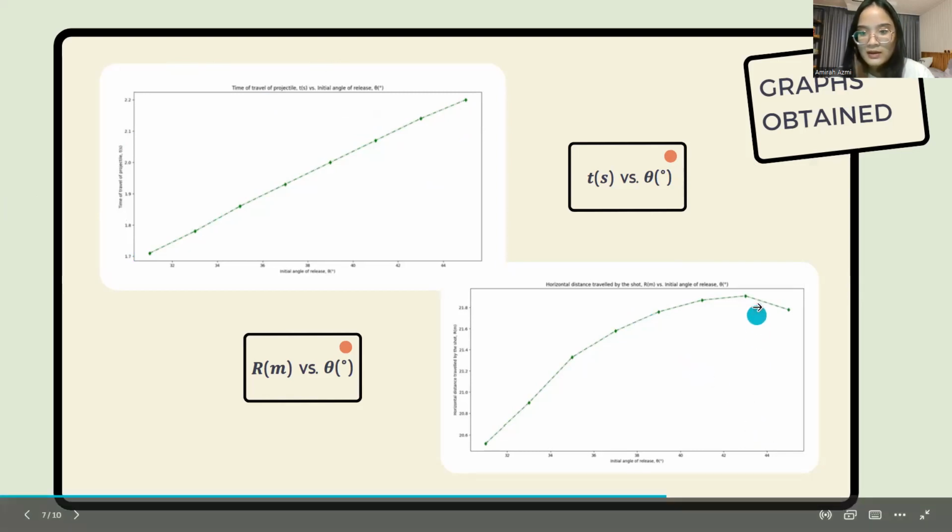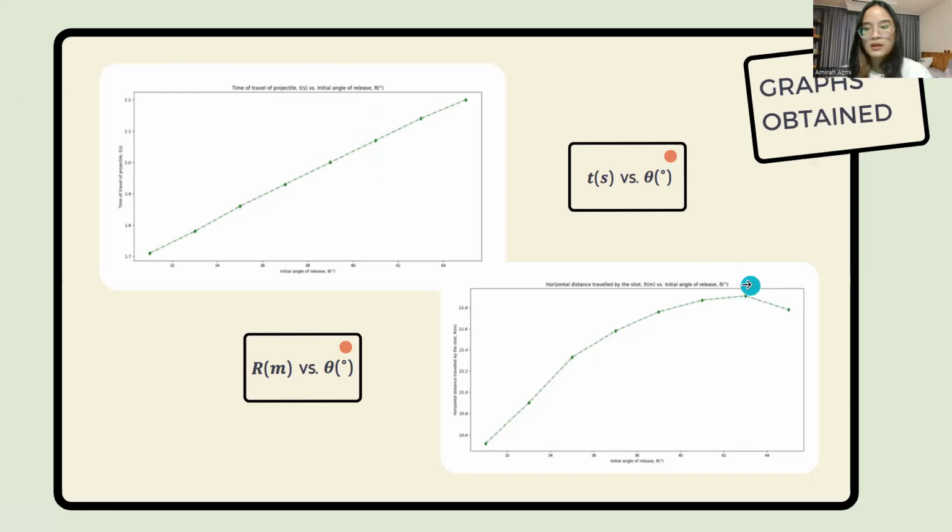As you can see, here it reaches the maximum distance. However, on the last one, which I think the angle is 48, if I remember, it drops a bit, but not much.